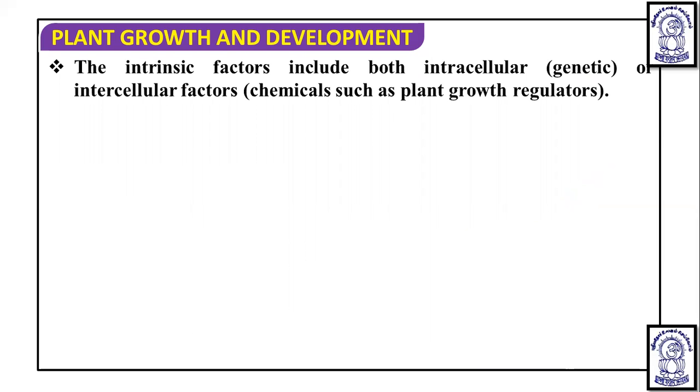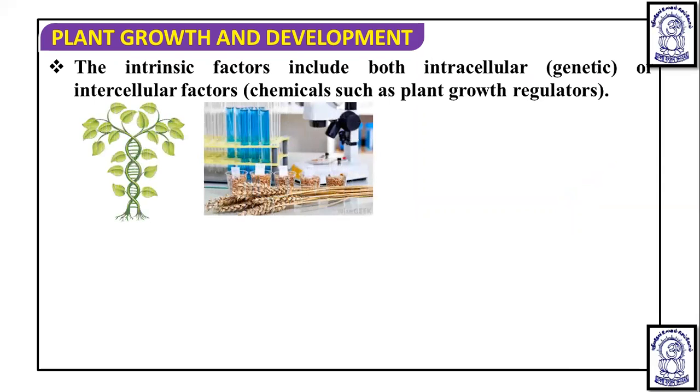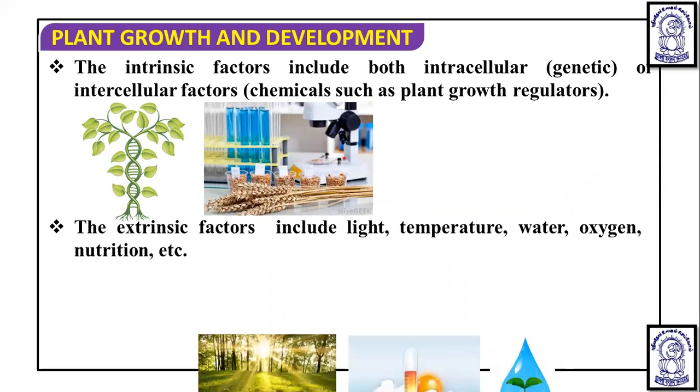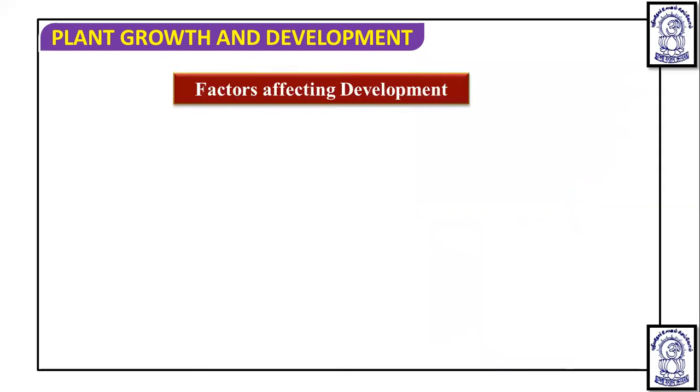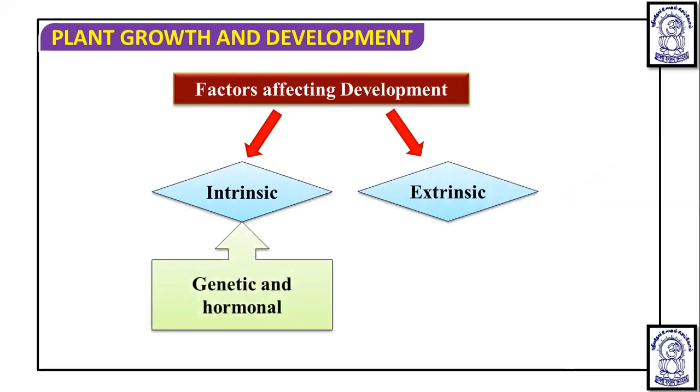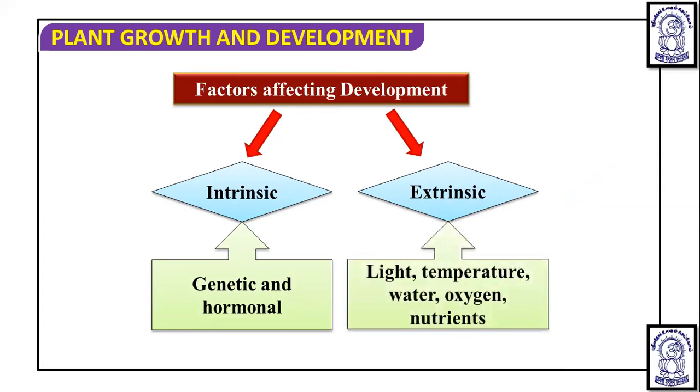They pass through the intercellular space and show their effects on another cell. Whereas the external factors include light, temperature, water, oxygen, nutrition, etc. So, factors affecting development, as we have discussed: intrinsic, with genetic intracellular and hormonal intercellular, and extrinsic: light, temperature, water, oxygen and nutrients.